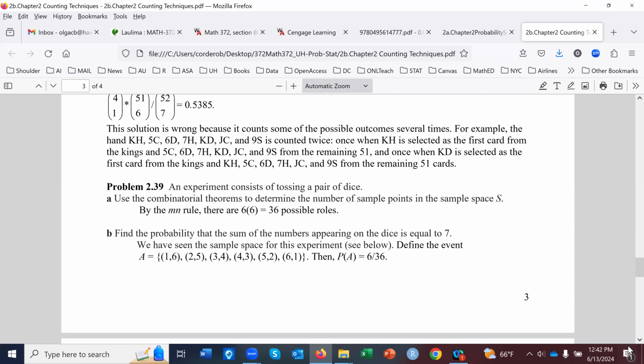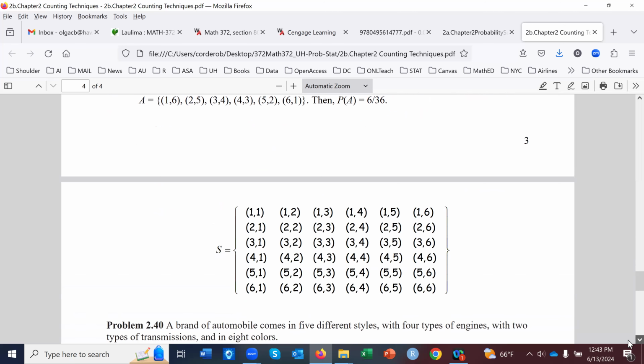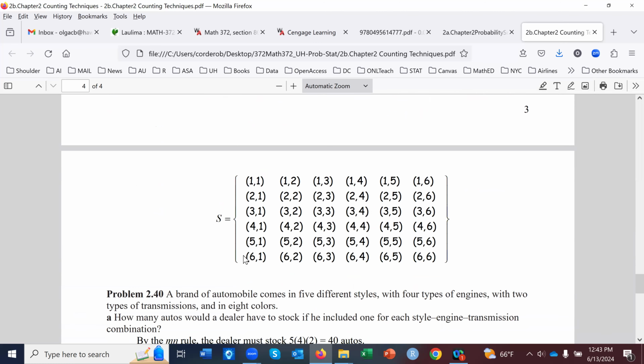So P of A equals 6 over 36. We will come back to this situation immediately after, when we do random variables, okay? Just look here, this is 7. These are the outcomes in which the sum of the 2 dice equals 7. This one is on the diagonal.